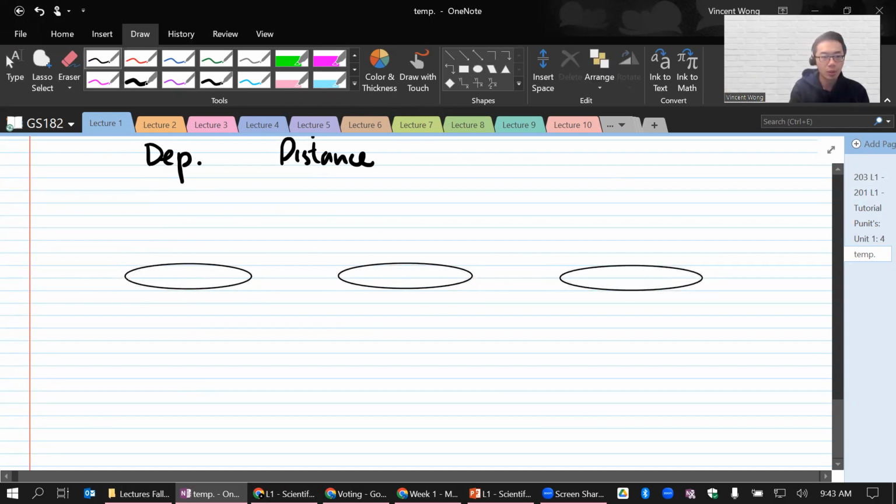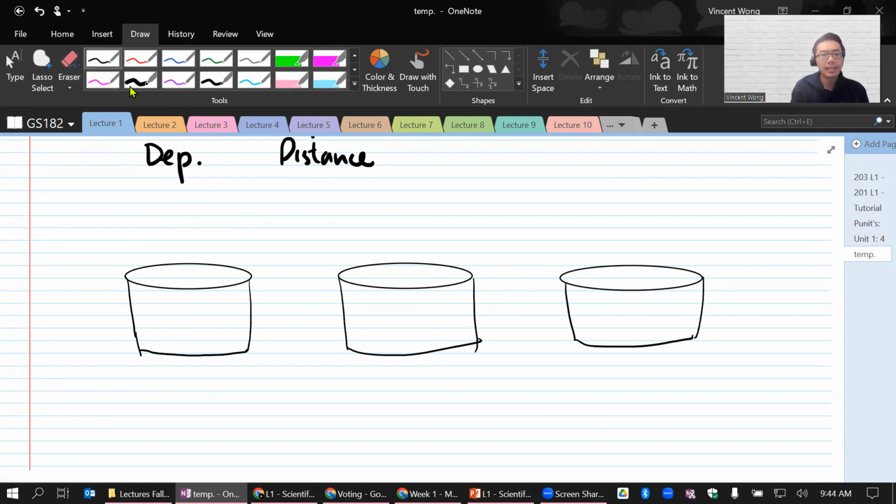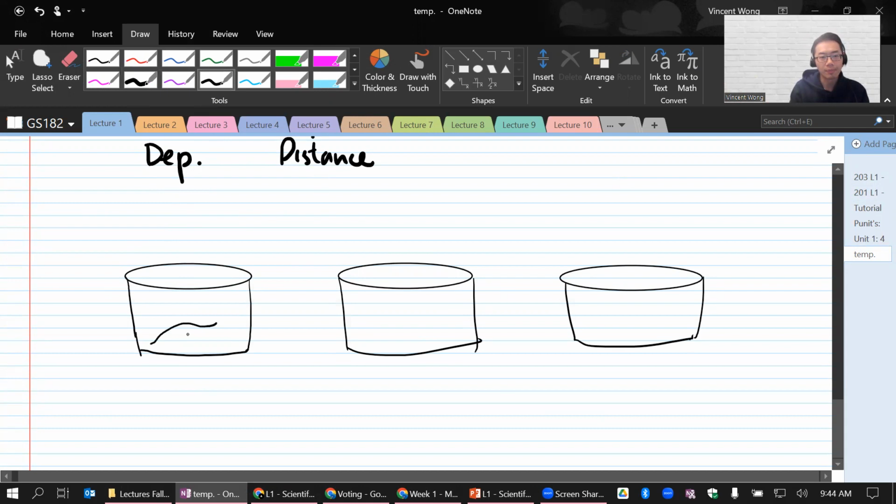You should draw this out as well if you can. So 3 jars. And he's going to put a piece of meat in all of them. Right? Meat, and meat.